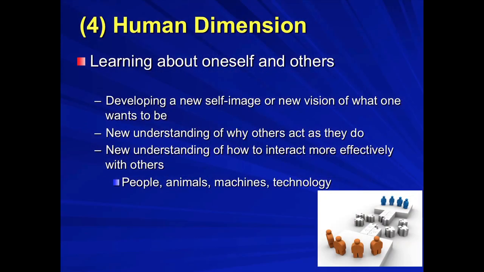A couple other domains Fink emphasizes, and we've started to touch on those, what he calls the human dimension, the learning outcomes that have to do with what he calls the human dimension, learning about oneself and others. Sometimes in our courses, we have an overarching learning goal where we want students to develop a new self-image or a vision of who they could be. Perhaps a vision, there's lots of work being done on women and girls in science.